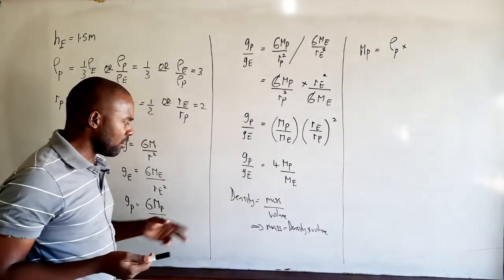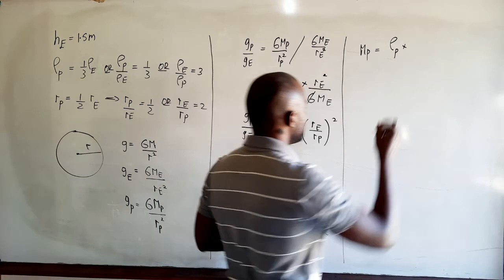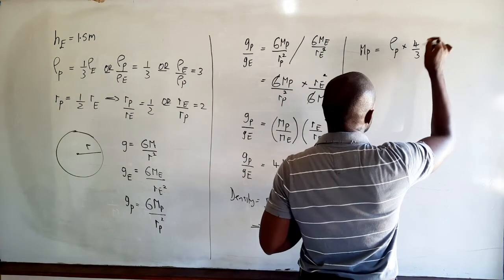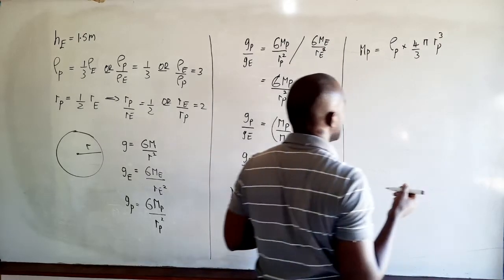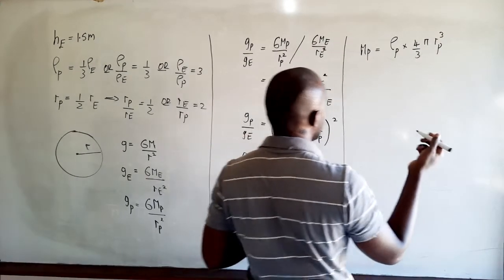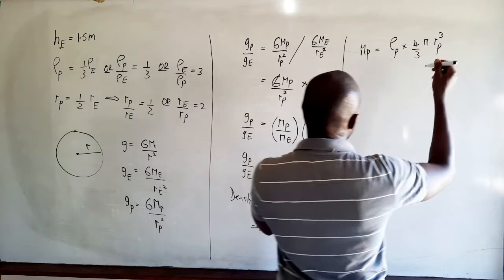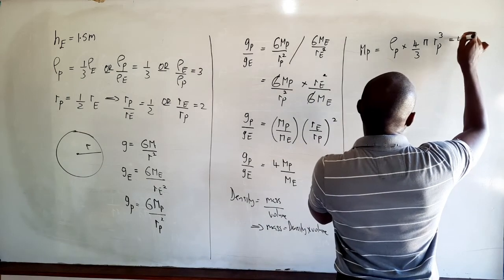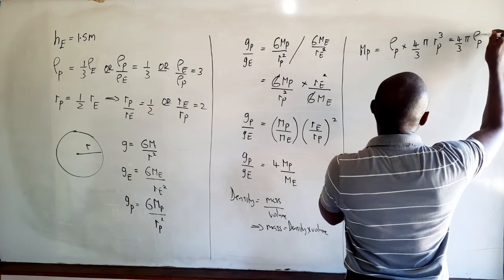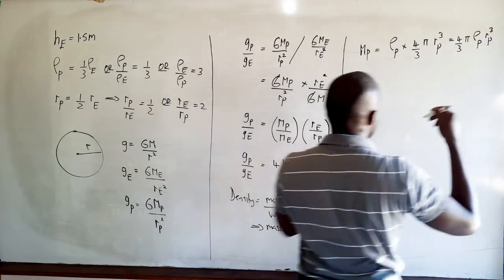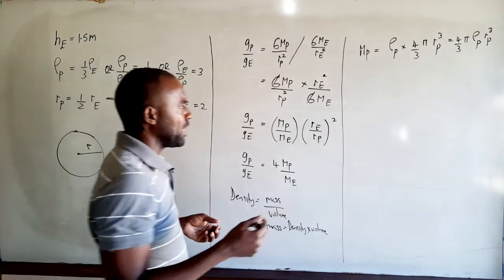So therefore the volume of this planet would be 4/3 pi times rp cubed, right? So if we take out the constant outside, then this basically becomes 4/3 pi rho p rp cubed. And that's the expression for the mass of the planet P.